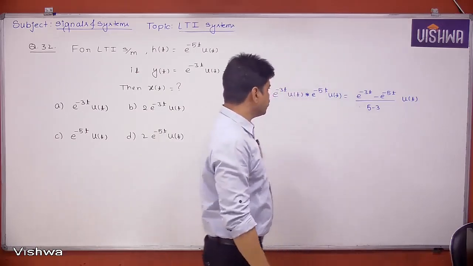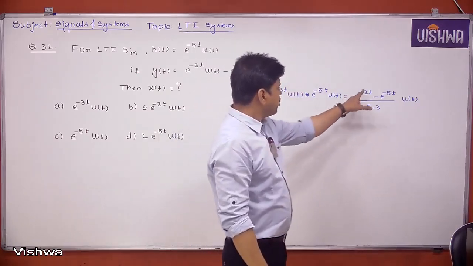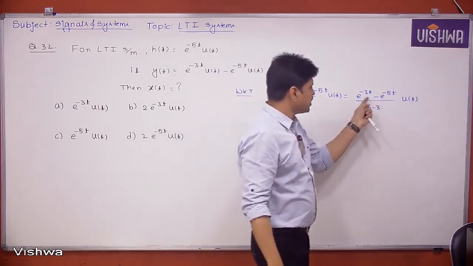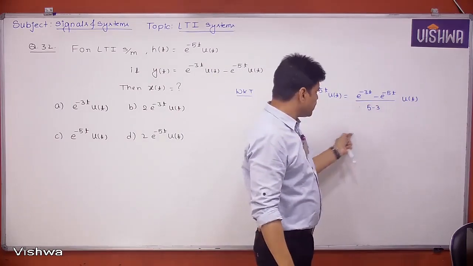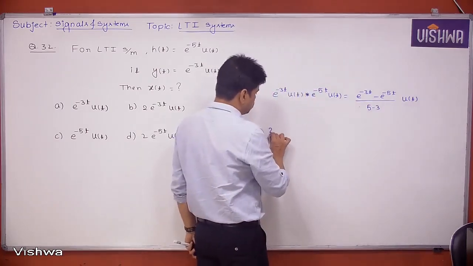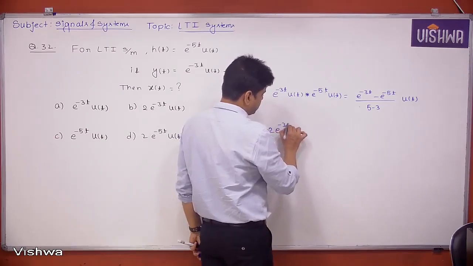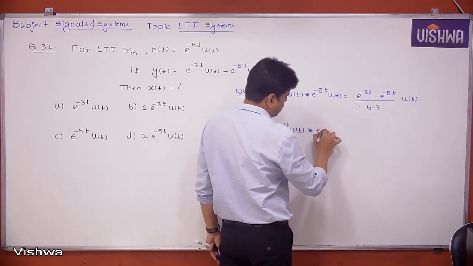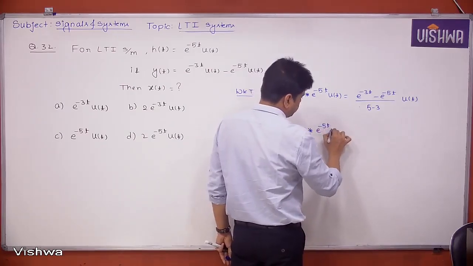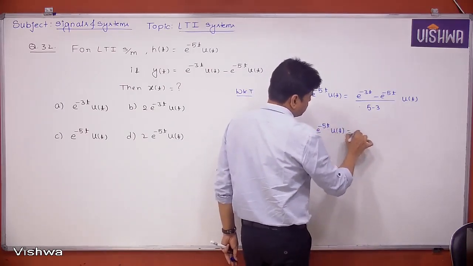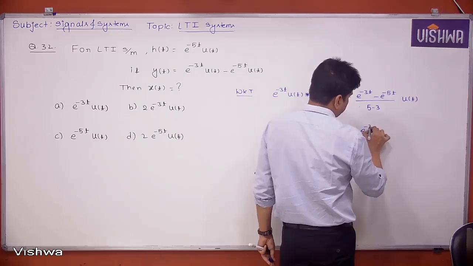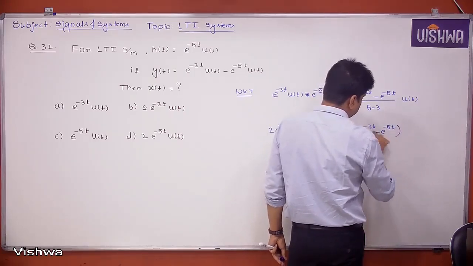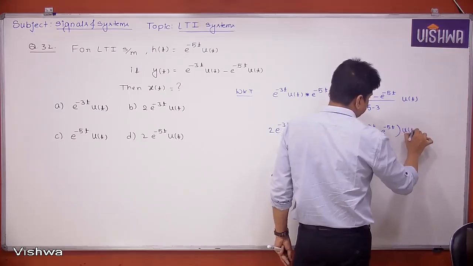So if you observe carefully, e power minus 3t minus e power minus 5t u of t is nothing but the output, but we have an extra factor of 2. Bring it this side: 2 e power minus 3t u of t convolution with e power minus 5t u of t gives e power minus 3t minus e power minus 5t u of t. So this is what they want to find out.